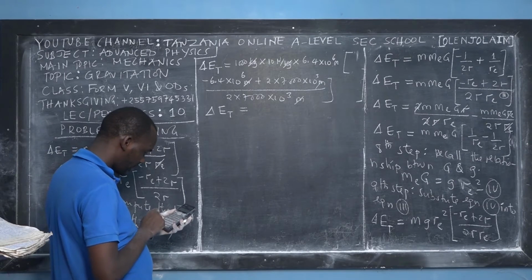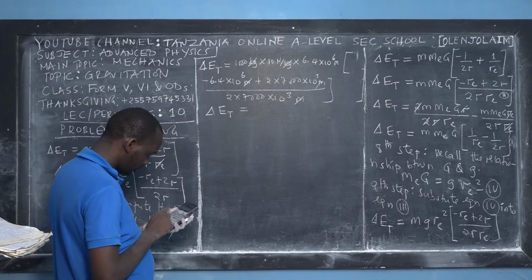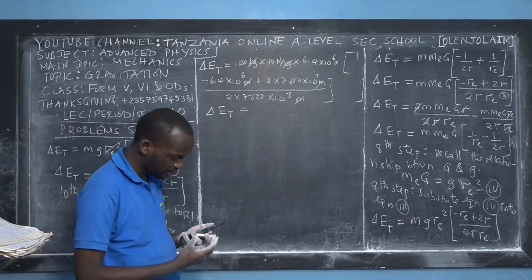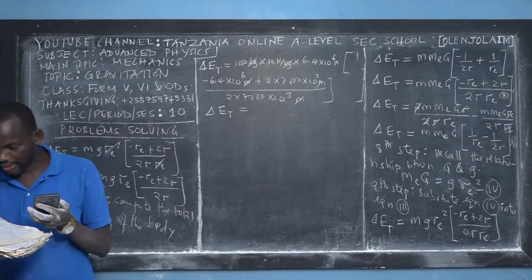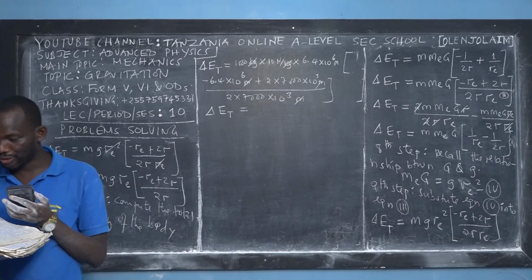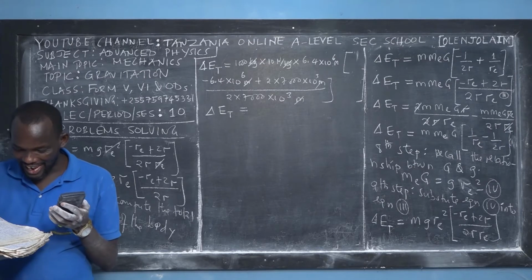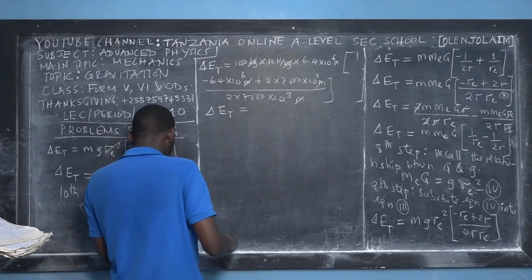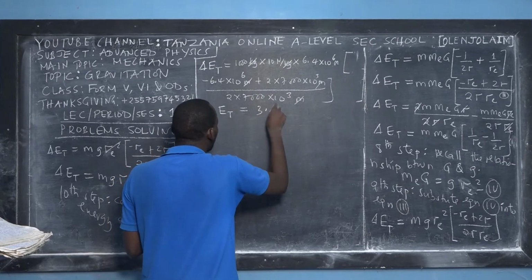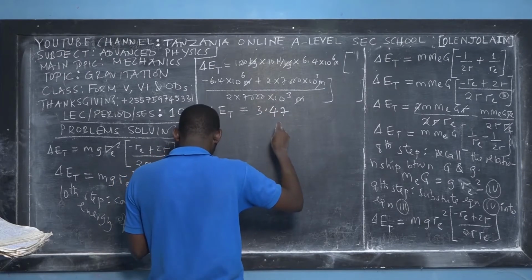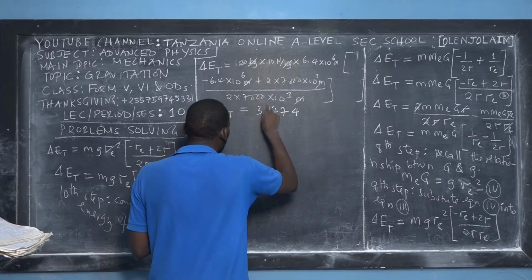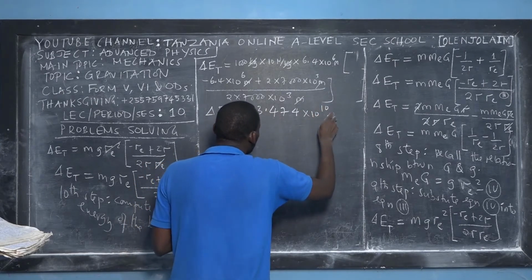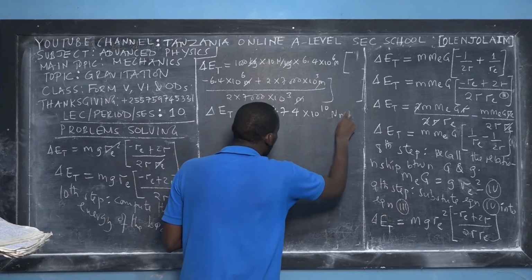We multiply by 1,000. Multiply by 10. Response is 3.474 exponent 10 Newton meter. Yes, that's the right answer. So the change in energy is 3.47, and you can add another 4 in 3 decimal places if you like, exponent 10 Newton meter.